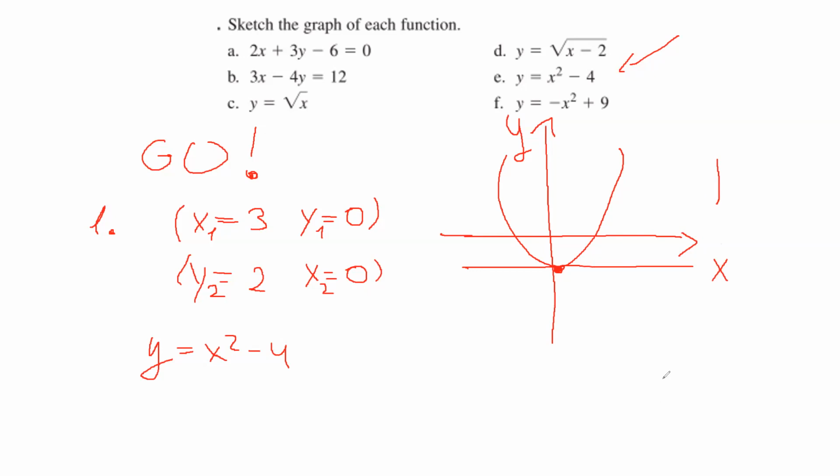Remember, derivative, it's in fact a way of finding the slope of a tangent line to the curve at the point.